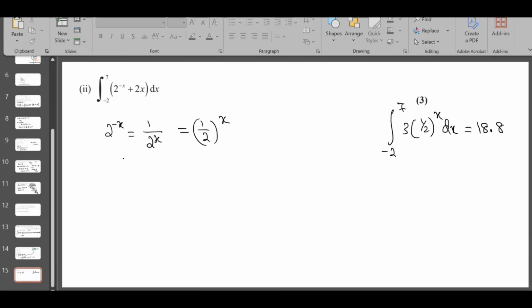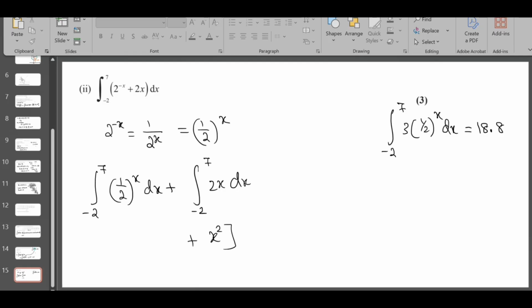So I'm going to split the integral from minus 2 to 7. The first one is 1 over 2 power x dx. The second one is integral 2x dx. For the second one, it's just a normal integral. It becomes x square from minus 2 to 7.